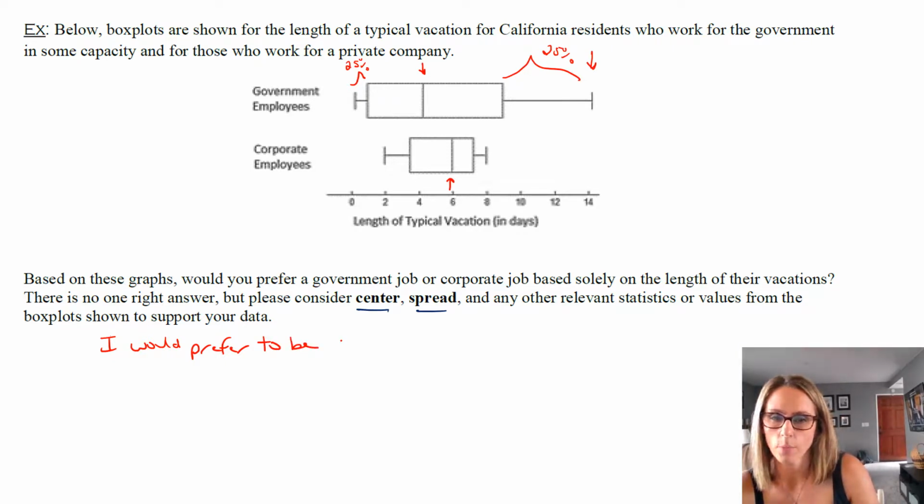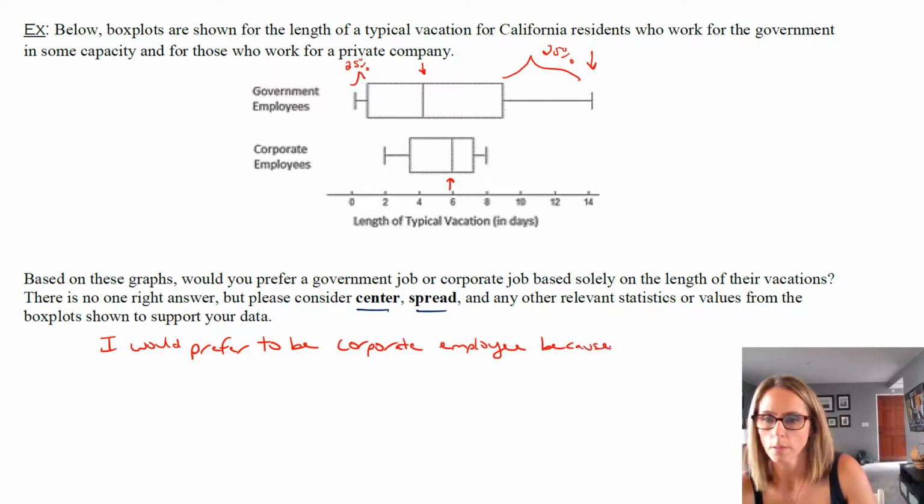So I would say I would prefer to be a corporate employee because I'm guaranteed at least a 2-day vacation.